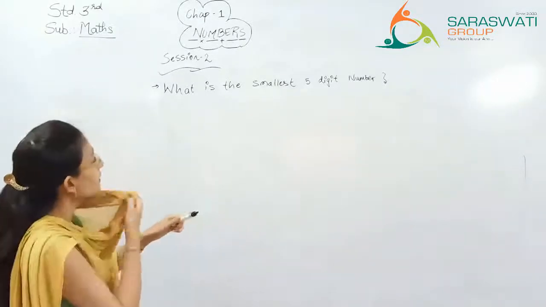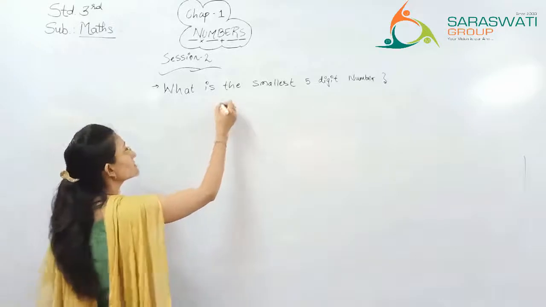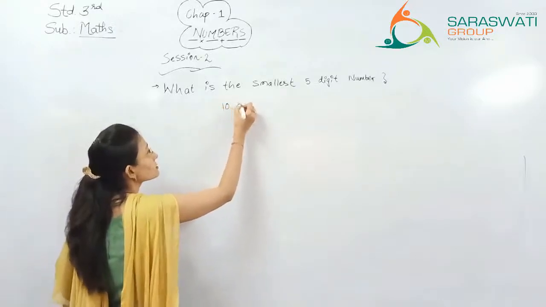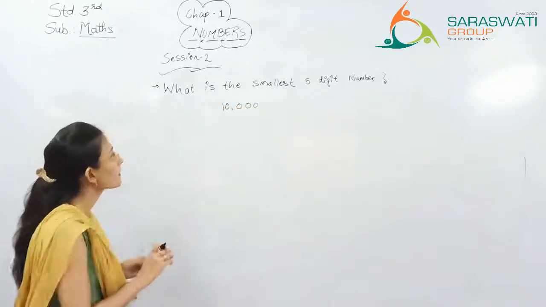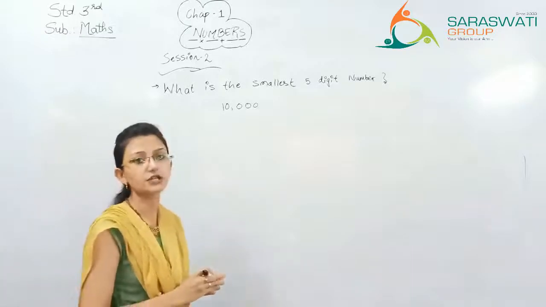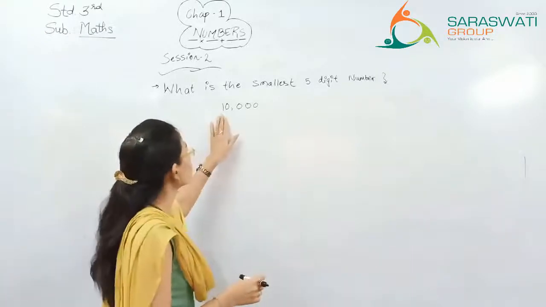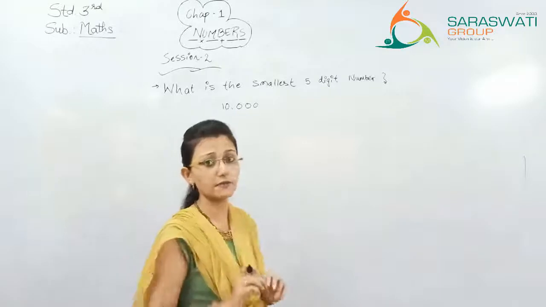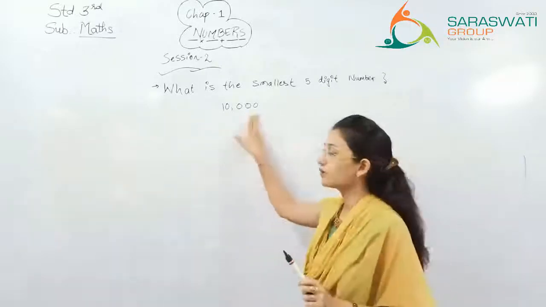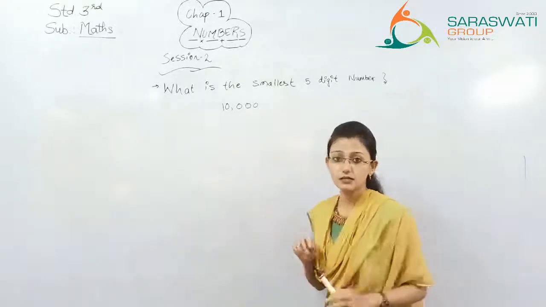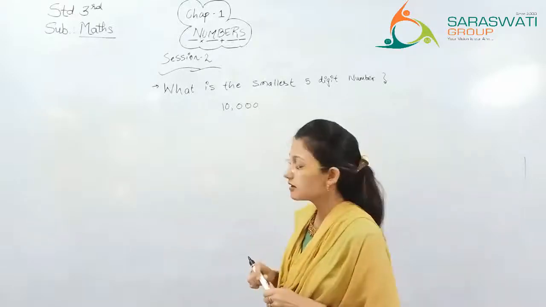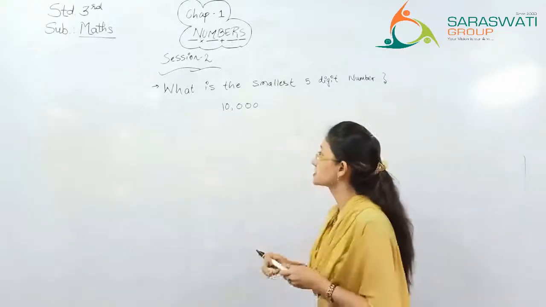Yes, you already know about it. The smallest 5-digit number is 10,000, which is 1 followed by 4 zeros. So this is the smallest 5-digit number.